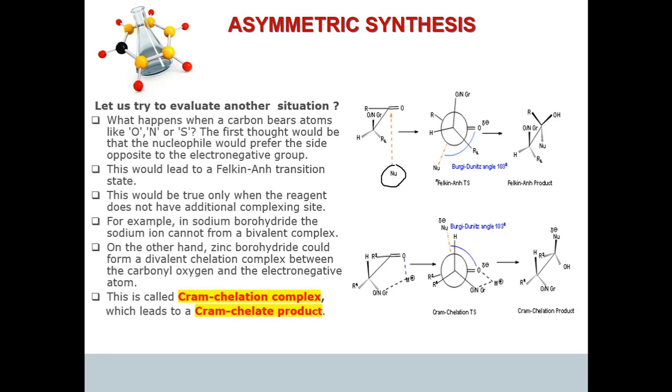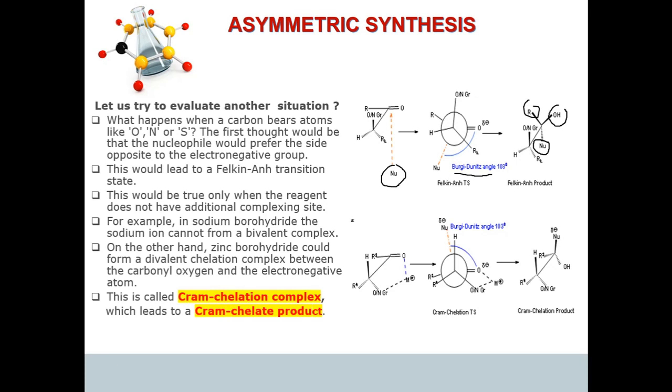Yes, and when the nucleophile attacks from the side opposite to the electronegative group, you can see this oxygen will be pushed up, and therefore you end up with a Felkin-Anh product. And again this attack takes place through a Bürgi-Dunitz angle.